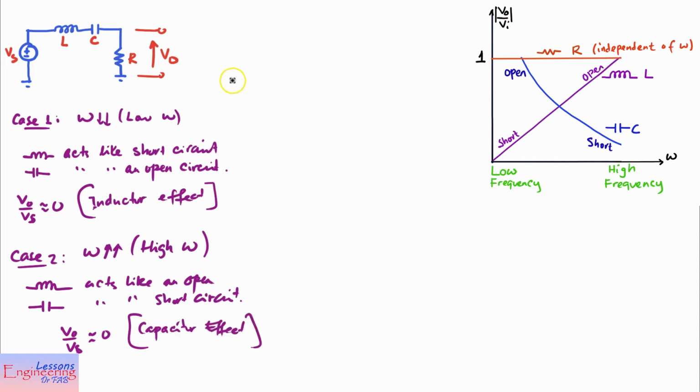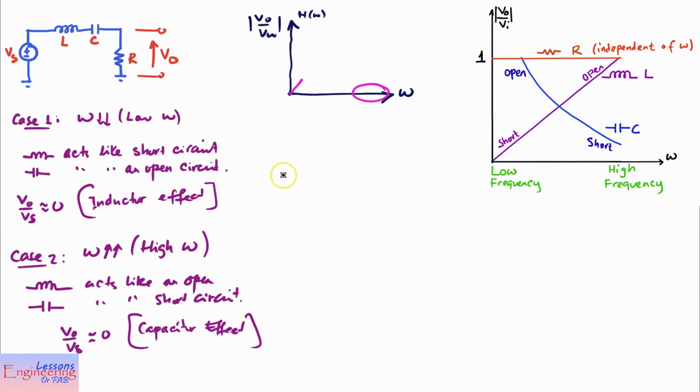So what does the output response look like? At low frequencies, the output is 0, but as frequency increases, we will see the inductor effect. It starts from 0, and our inductor effect is a linear relationship, so it goes like that at low frequencies.